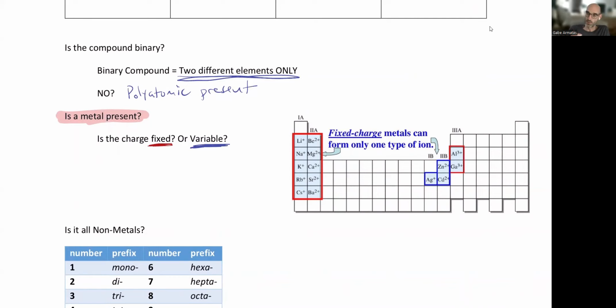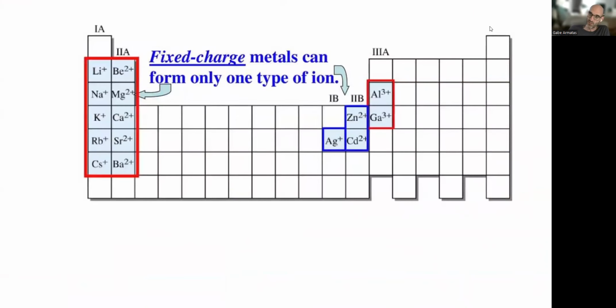Well, it turns out there is a small list, and this is the list here. These are the fixed metals, metals with fixed charges. And it's a pretty short list because what we have is if it's in group 1, if it's in group 2, or if it's any of these starting at aluminum, you create this little staircase here.